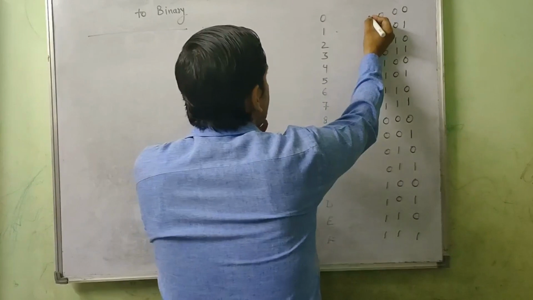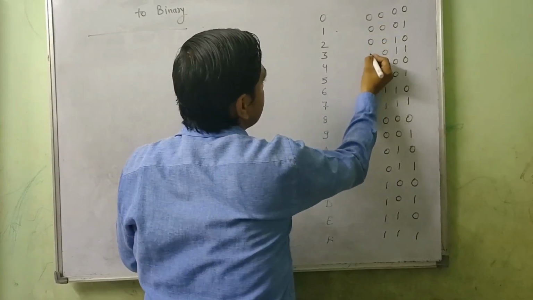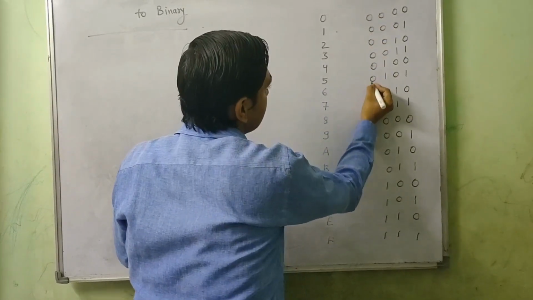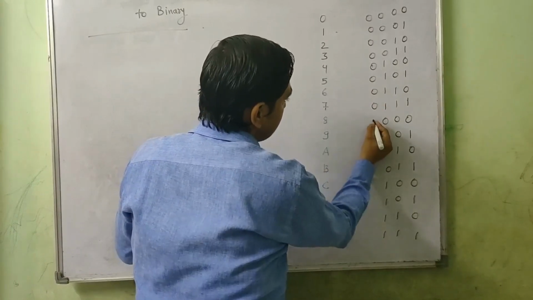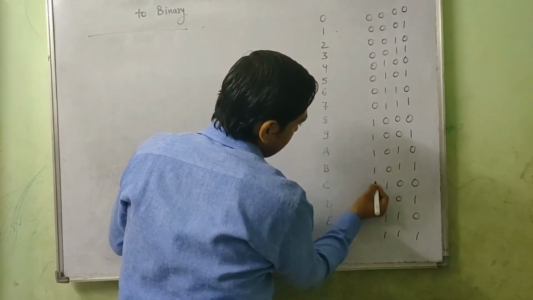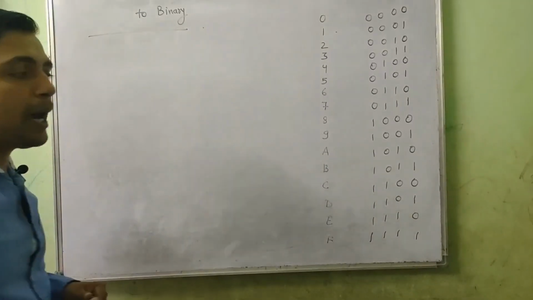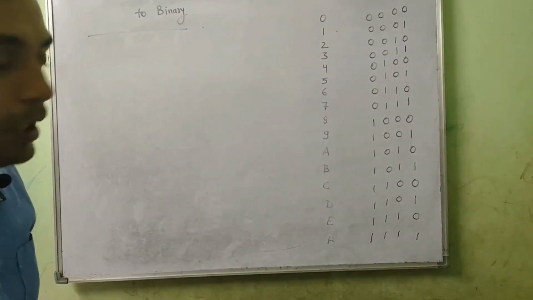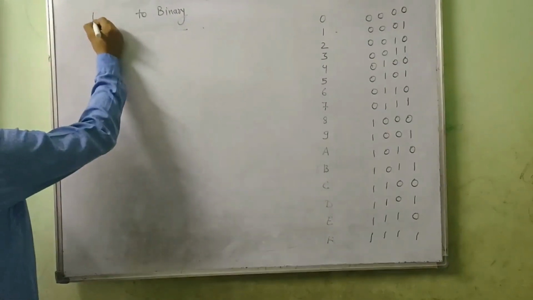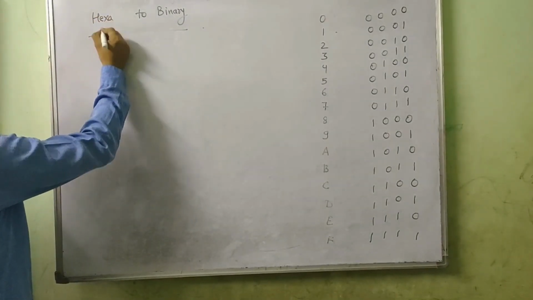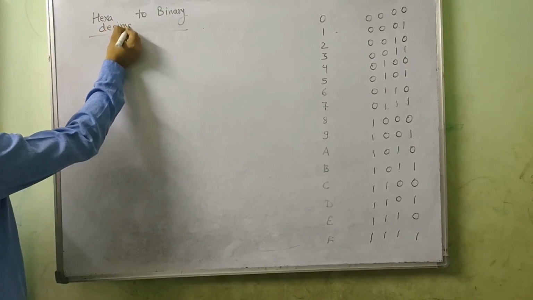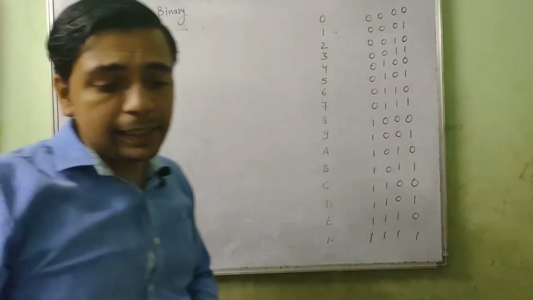And now with a gapping of 8. And hence you formed the binary numbers of all the given digits. Now you have to convert a given hexadecimal number to binary.